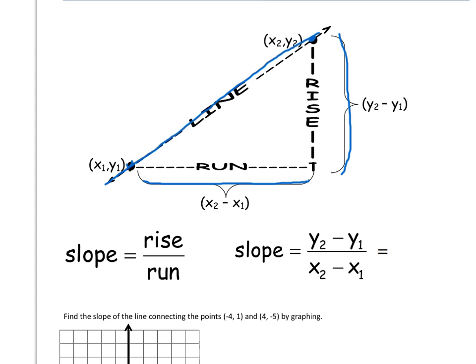Okay? And yesterday I also taught you that slope is rise over run, which is equal to the change in y over the change in x. And again, all we mean by change is, what is the distance change in the y? What is the distance change in the x?